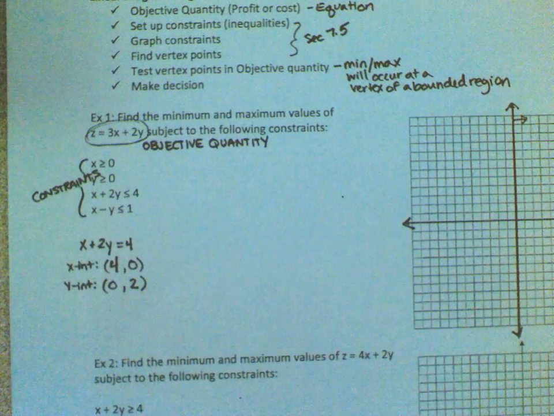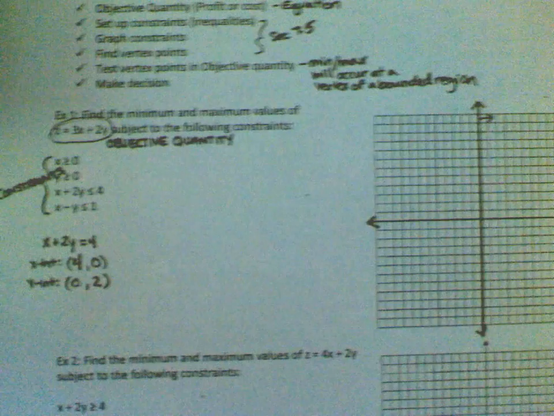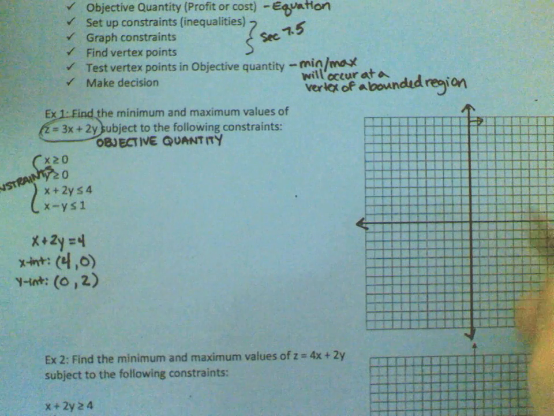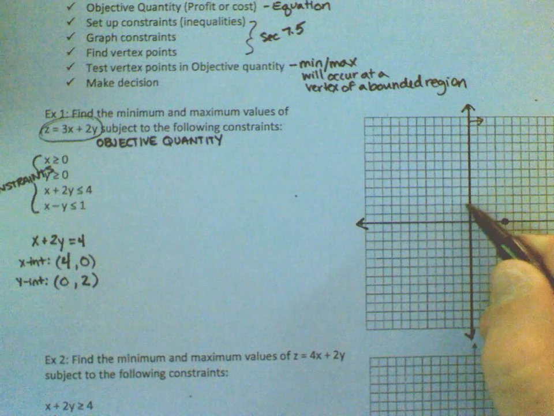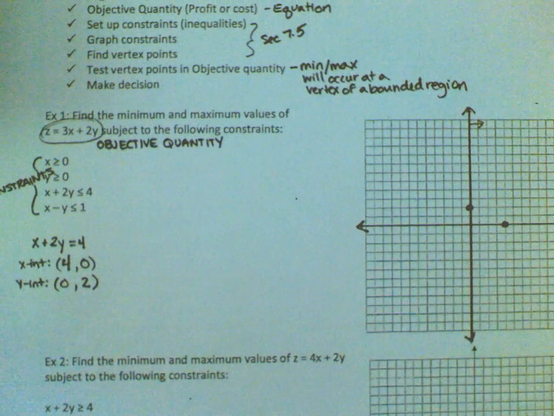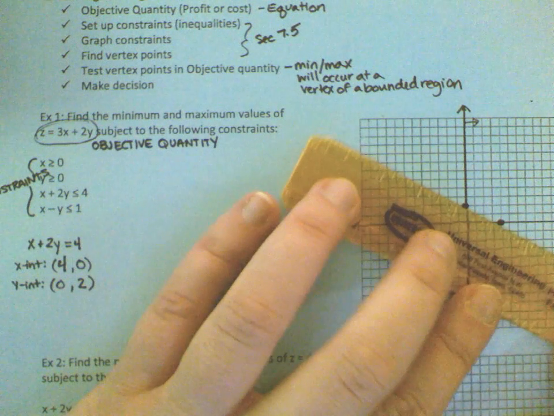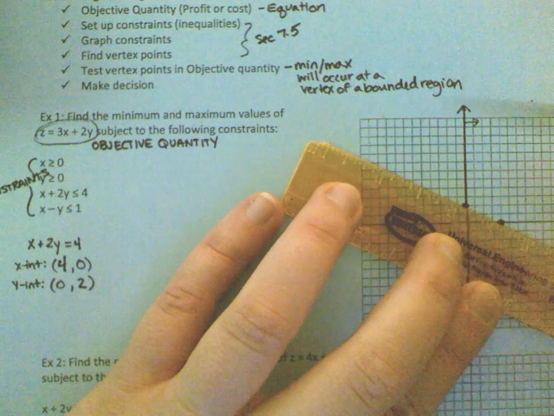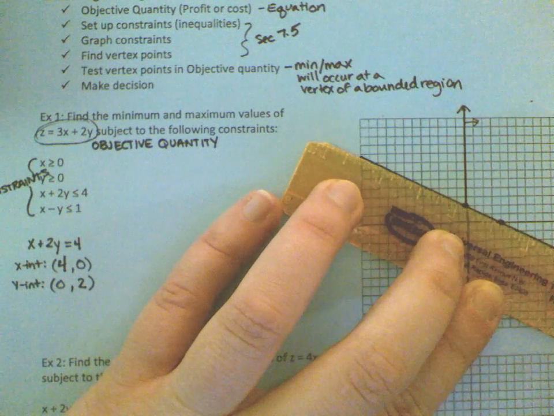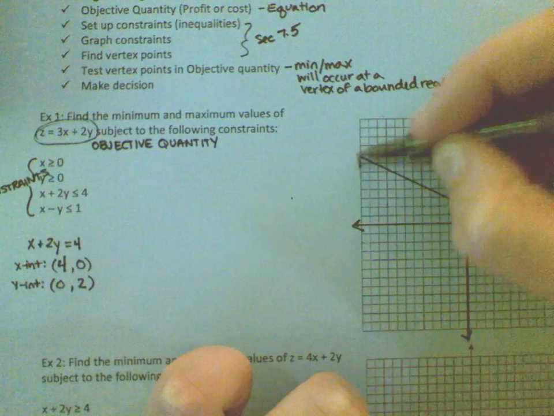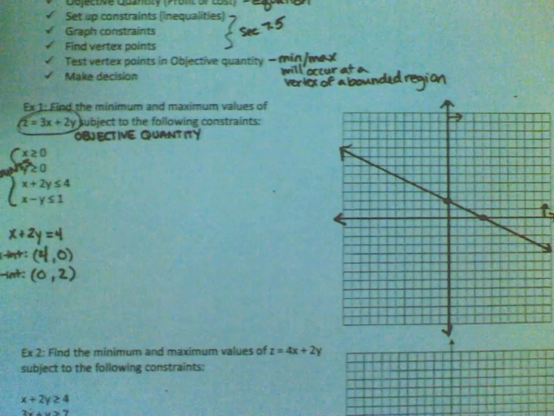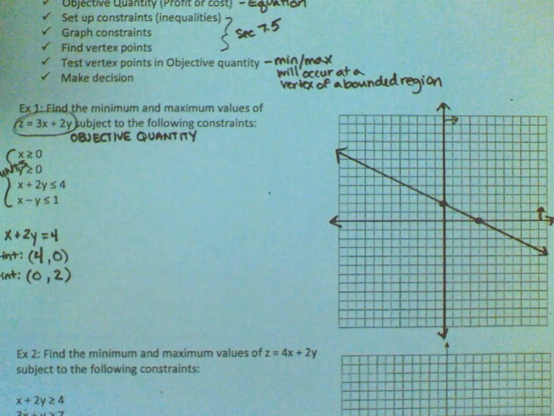Now I can plot those over on my graph. An x-intercept at 4, so I'm going to count 4 to the right. A y-intercept at 2, count 2 up. This is going to be a solid line. And that was pretty easy to graph.